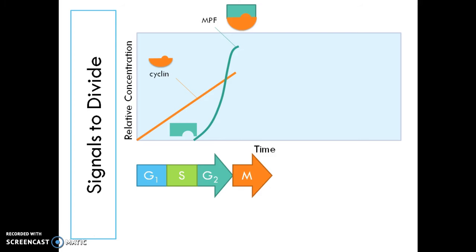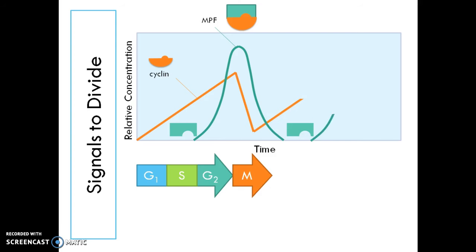Once it reaches its peak, we have mitosis and the cell actually divides. As soon as the cell divides, the cyclin's concentration decreases significantly. Without cyclins, those MPFs become inactive and our CDKs and cyclins separate. And that brings us back to the G1 phase of interphase.